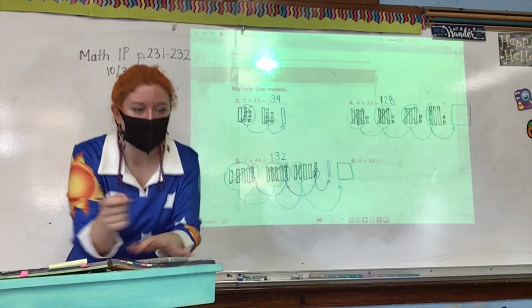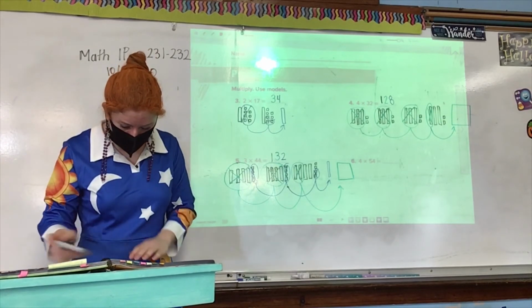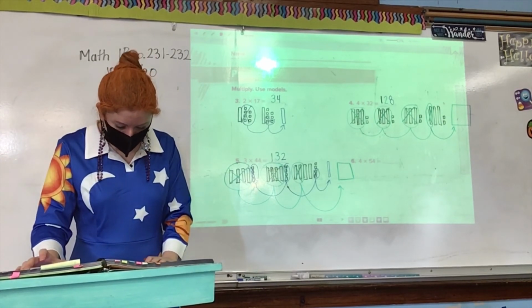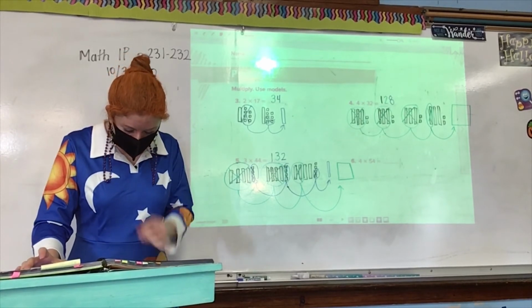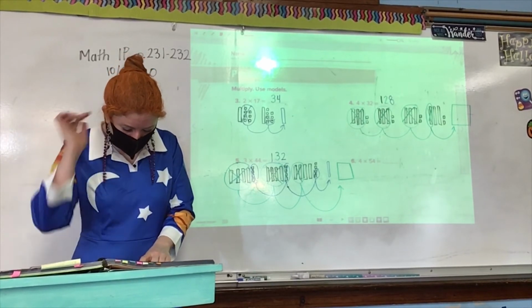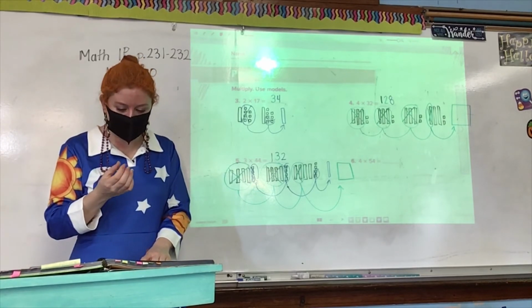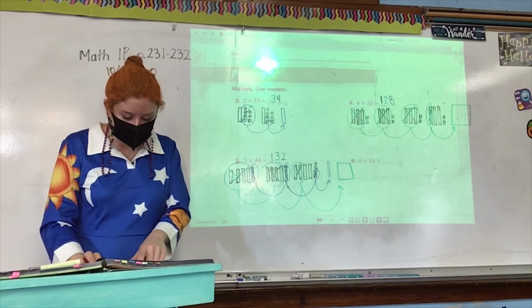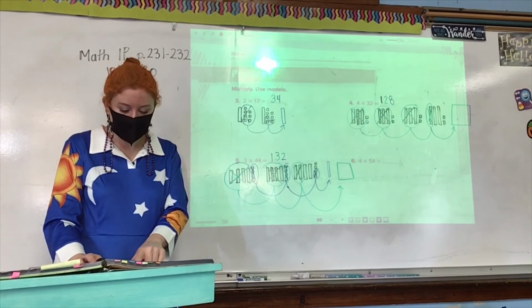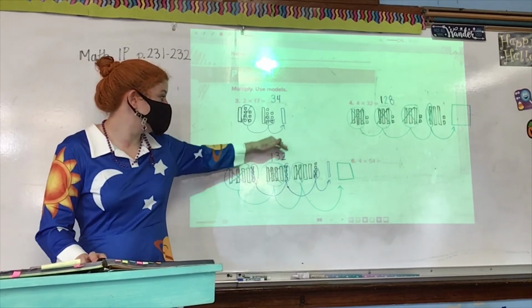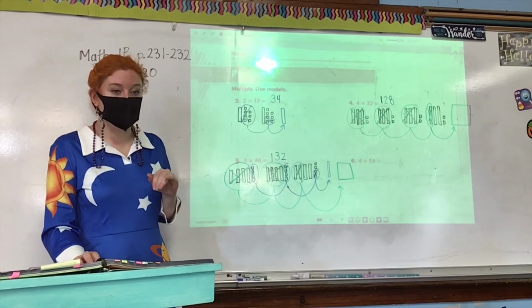Everybody look at the back. Look at page 232. Numbers 12 through 16 are word problems. You do have spaces to put the factors, so you don't have to write the answer on the line. But you need to show your models on a separate sheet of paper.